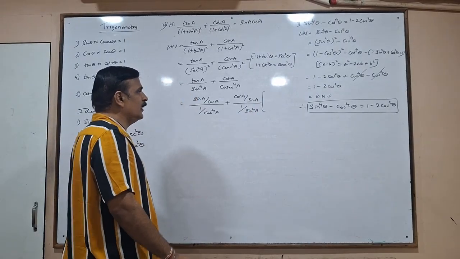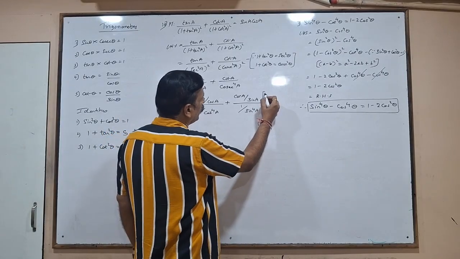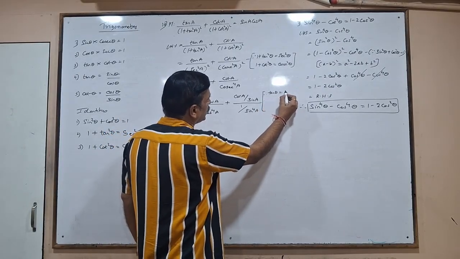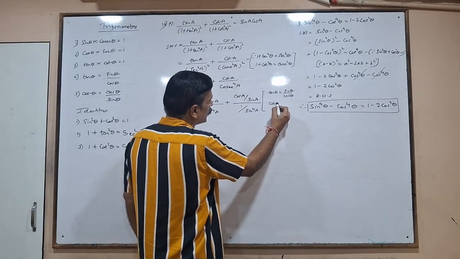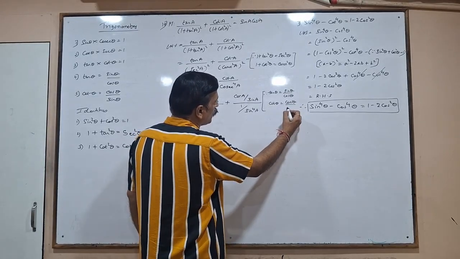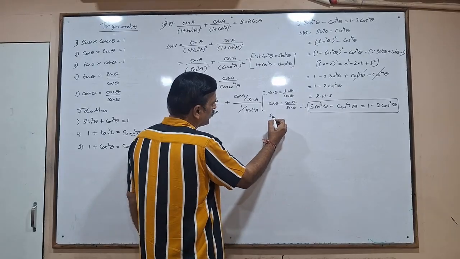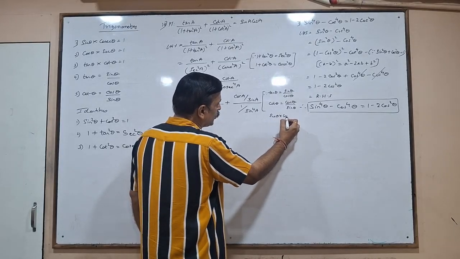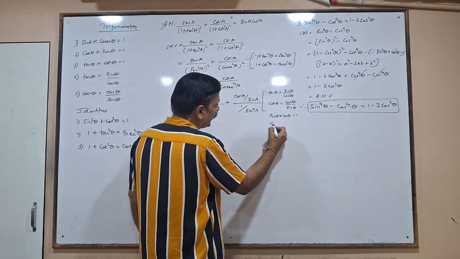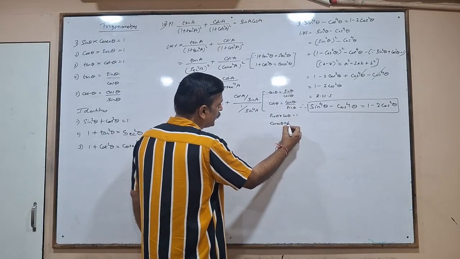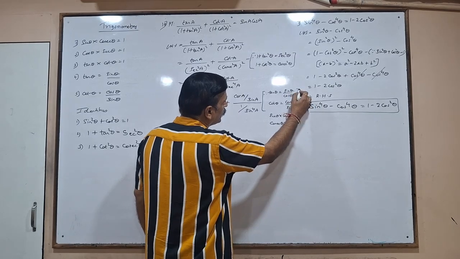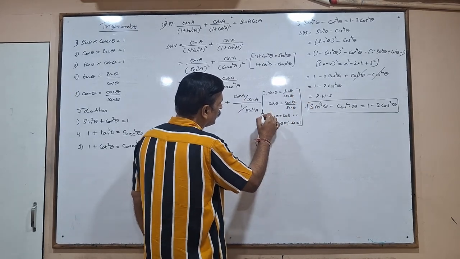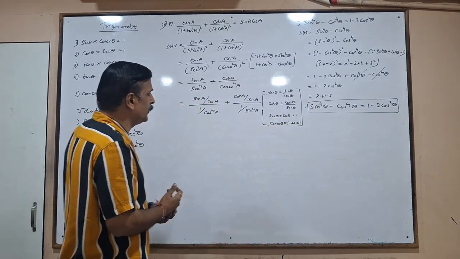Again, the relations which we have used, all four of them: tan theta is sin upon cos, cot theta is cos upon sin, sec into cos is 1 and cosec into sin is 1. All four to be mentioned.